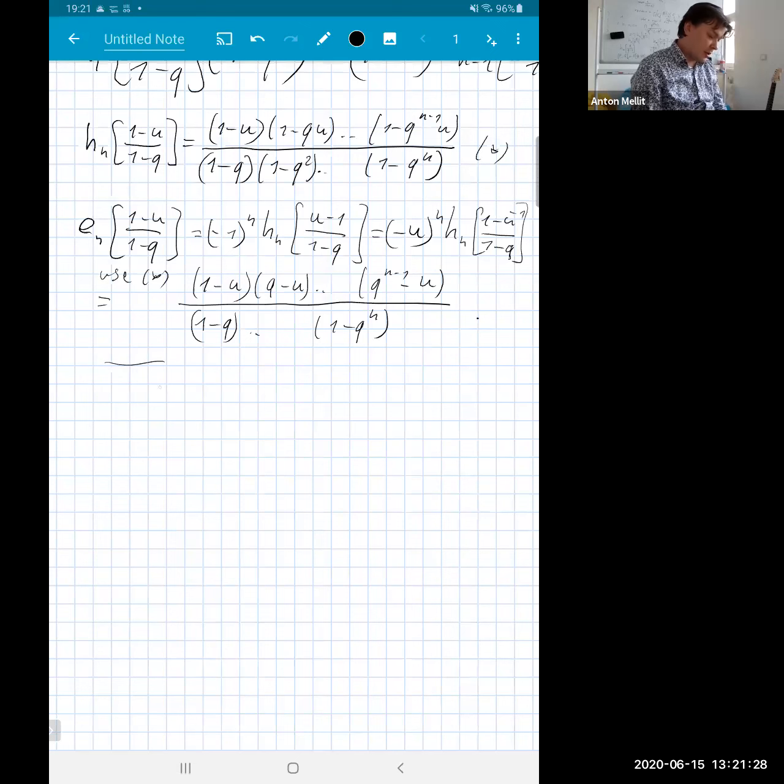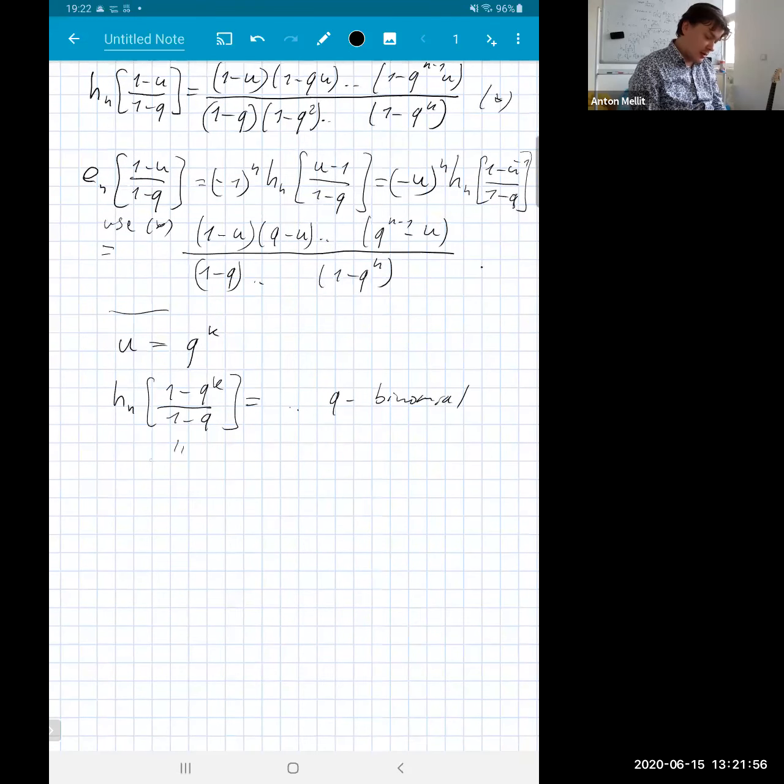Now what you can do, you can set things like, what if u equals q to the k? Then you get that h_n of (1 minus q to the k)/(1 minus q) is, well, basically the q-binomial. And then this is also equal to h_n of 1 plus q plus up to q to the k minus 1.